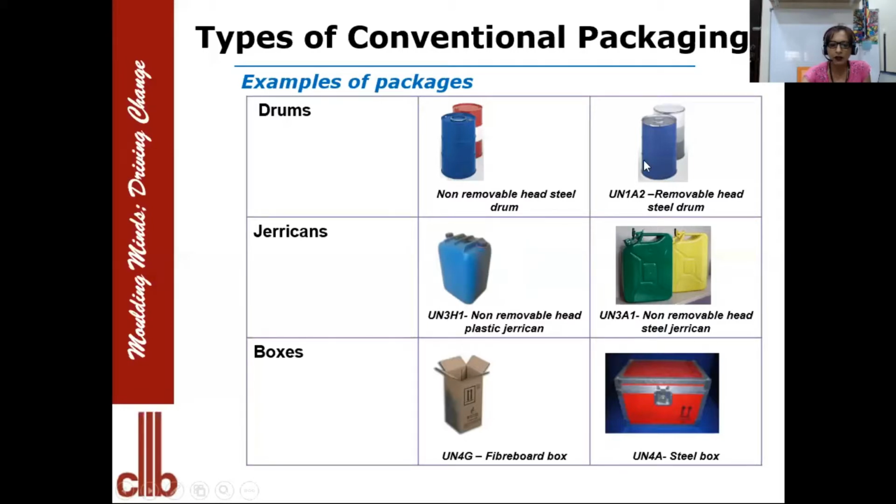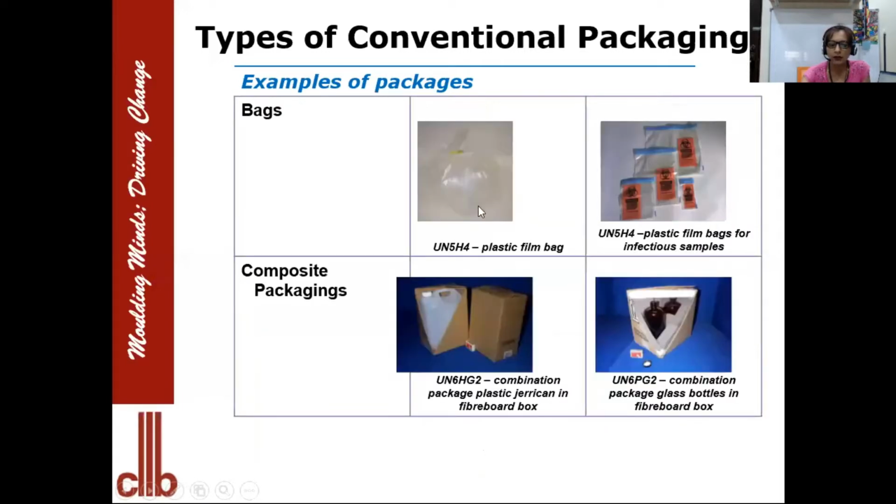Yeah, 1 is for drum, 3 is for jerry cans, A is for steel, H is for plastic, G is for fiberboard, 4 is for boxes. Yeah, so again A, because this is for a box, a steel box. Bags are always 5, and this is plastic, so H is always the alphabet used for plastic. Yeah, so just so you can see.